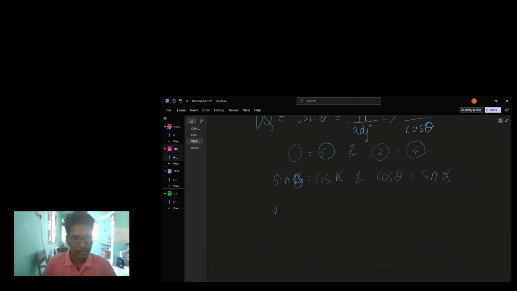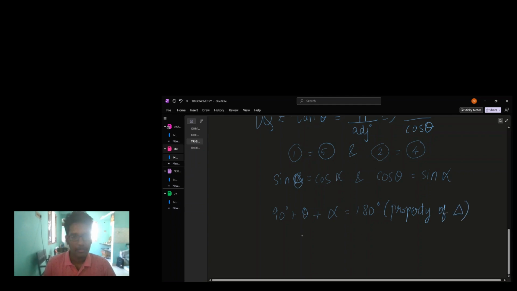Since 90 degree plus theta plus alpha is equal to 180, as we know, the sum of all interior angles of a triangle is 180 degree. So we end up with theta plus alpha is equal to 90 degree.